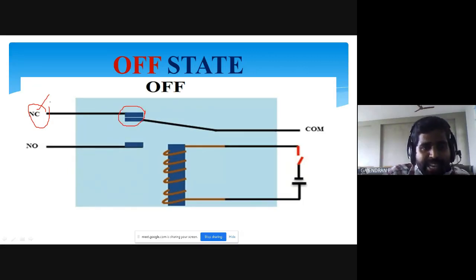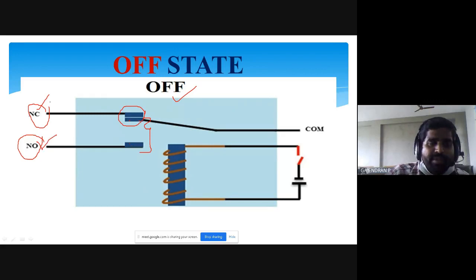Okay. At the same time, why is it called NO? Normally open. Which terminals are normally open? You need to compare the common and this terminal. These two terminals are open in the off state. Therefore, it is called normally open. Okay.